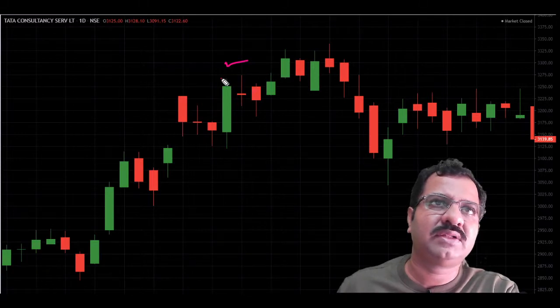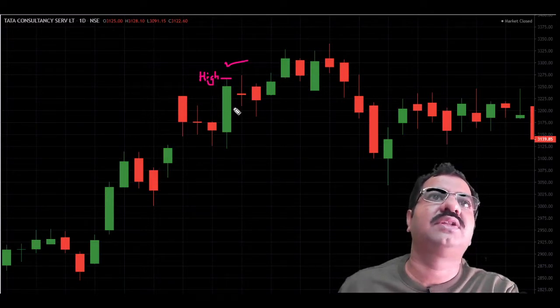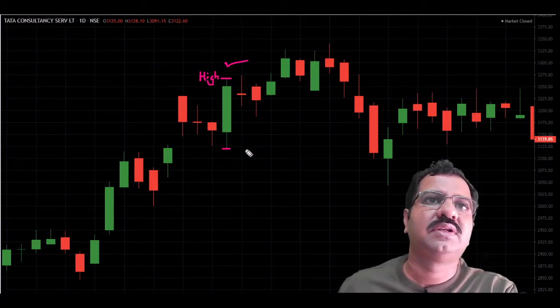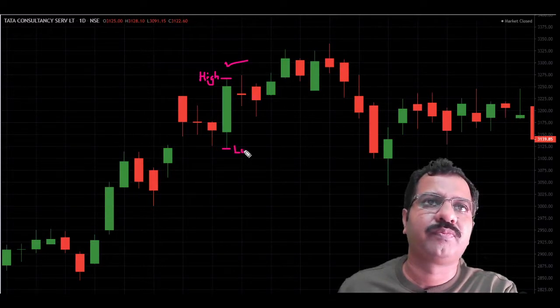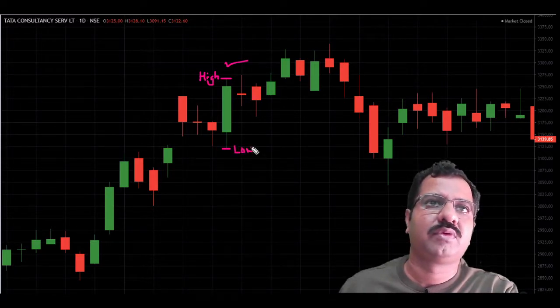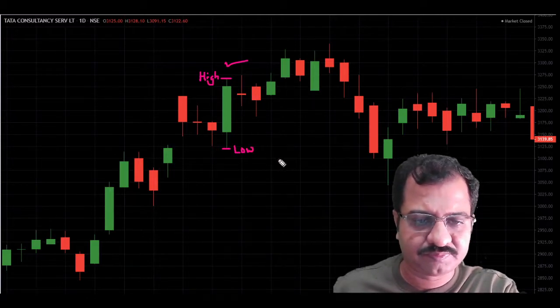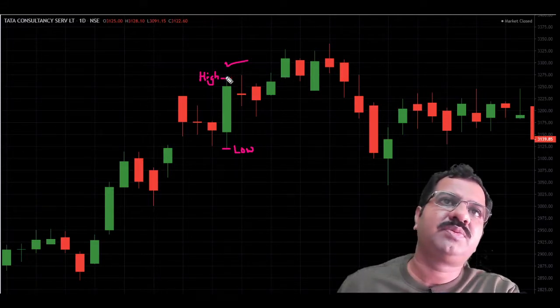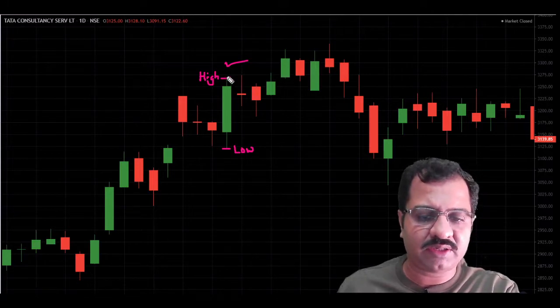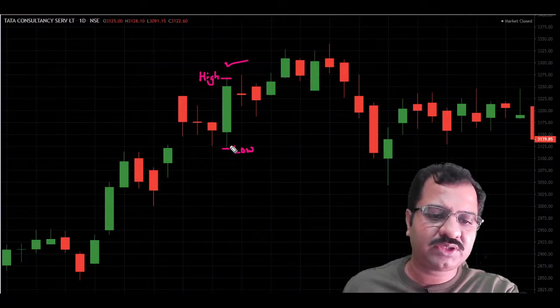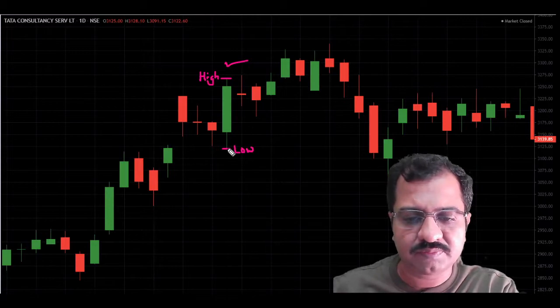See, this one, this was high, this was highest price on that day, and this one is low. So this was the lowest price on that day. Okay, so highest price is highest point on the candle and lowest price is lowest point on the candle.